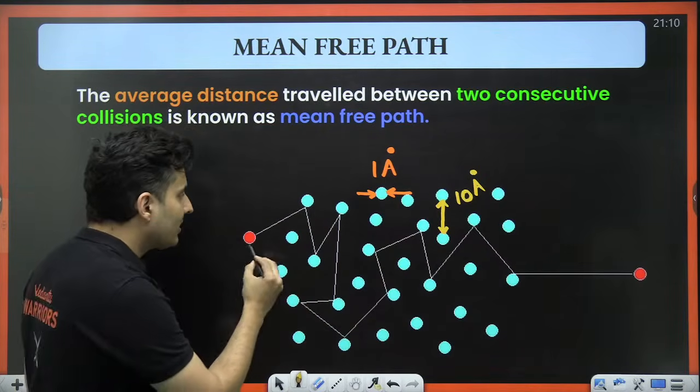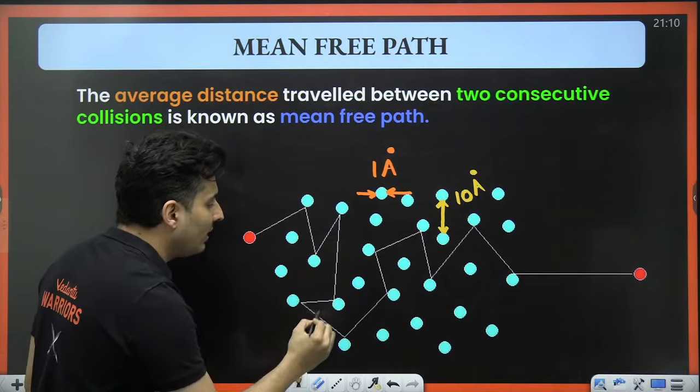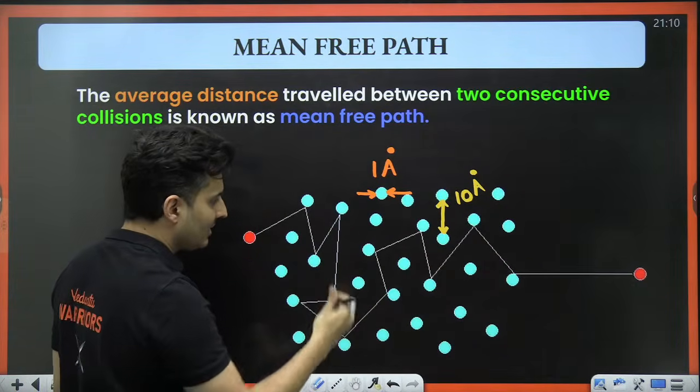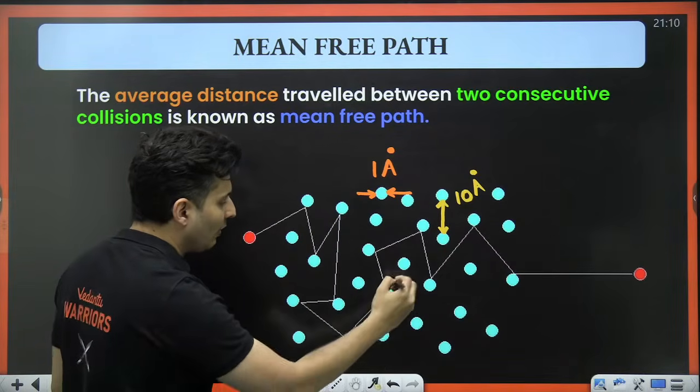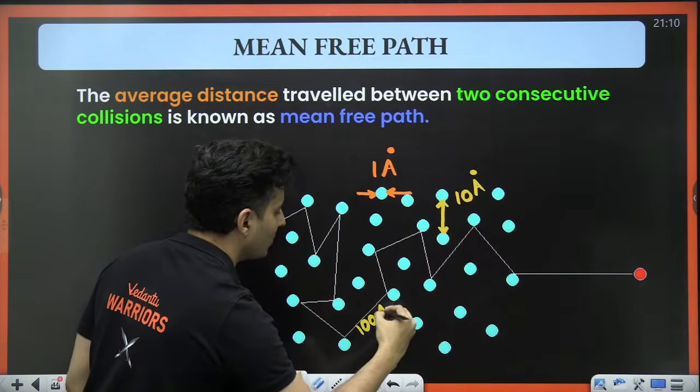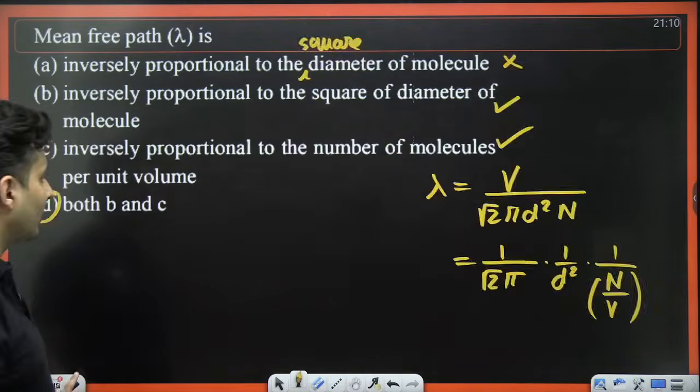But the distance which the molecule travels before hitting another molecule, the average distance from one molecule to the other, that is 100 times or 1000 times, like that. So you can see that right over here.